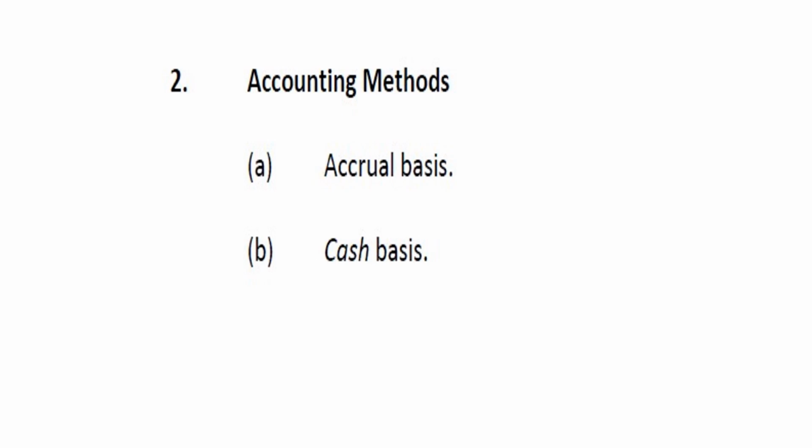The next topic is the accounting methods. We have 2 accounting methods that we should be acquainted with: the accrual basis and the cash basis, and you should be able to tell the difference between these. Now the difference centers around when the recording of the transactions take place.